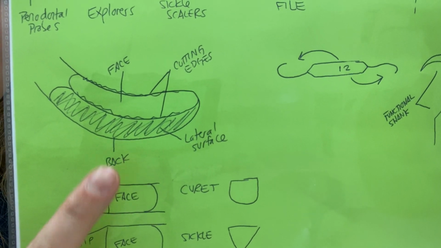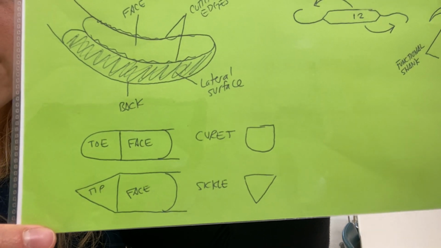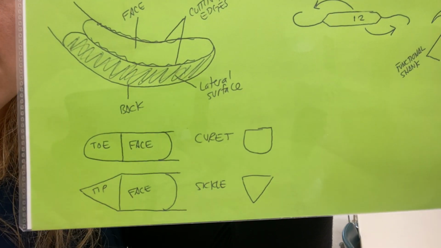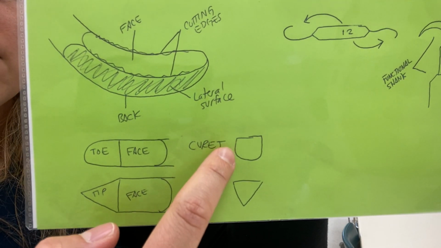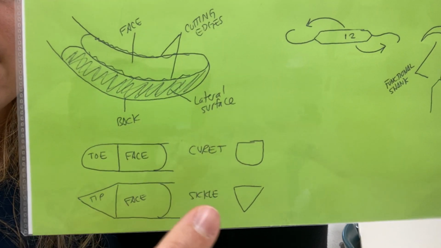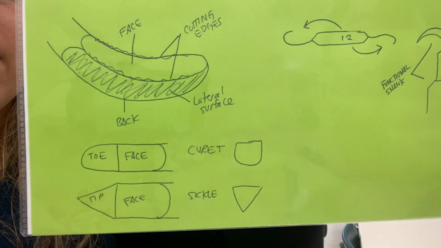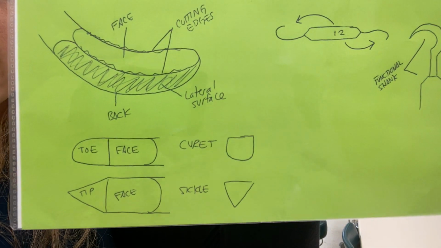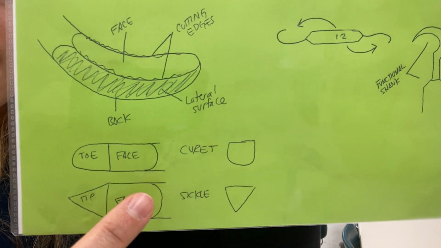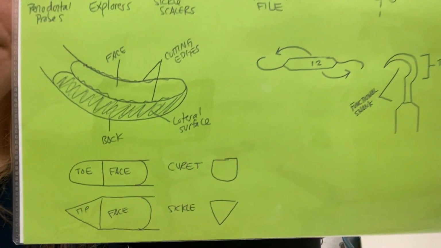And then you have the back. Then for curettes and sickles, we're going to learn about those as well. Your curette is going to have a cross section that's more rounded on the bottom, flat on the top, and then it's going to have a toe at the end of that face. Whereas a sickle is going to be more triangular in cross section, and then that face is going to meet with a tip at the end.